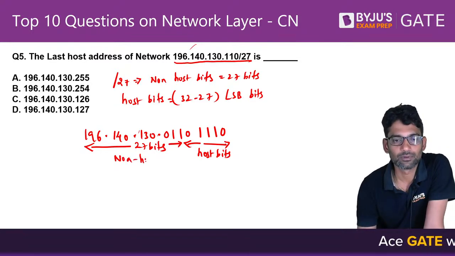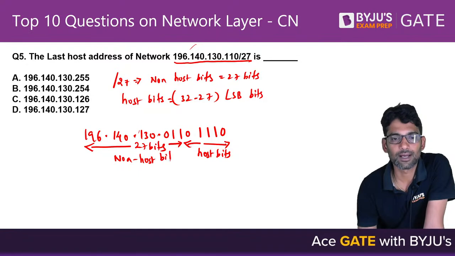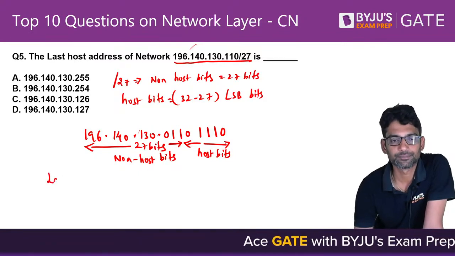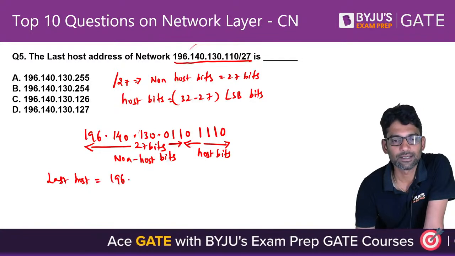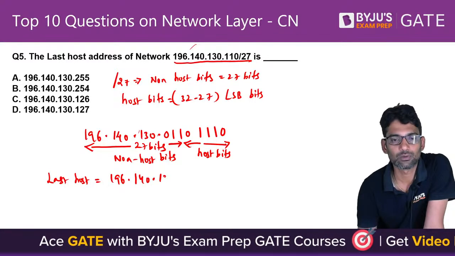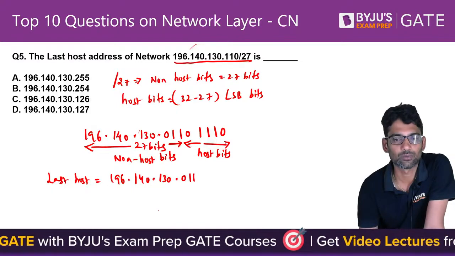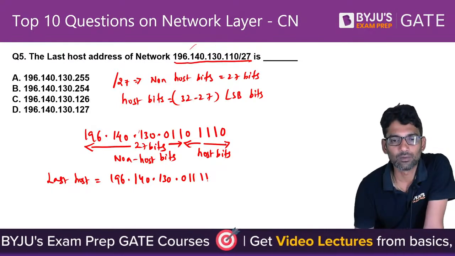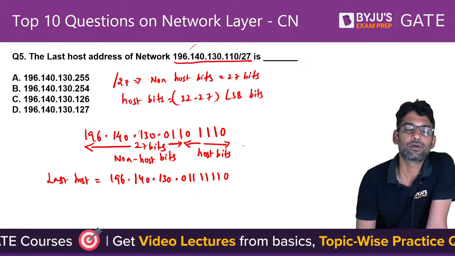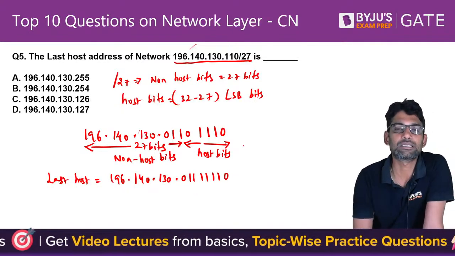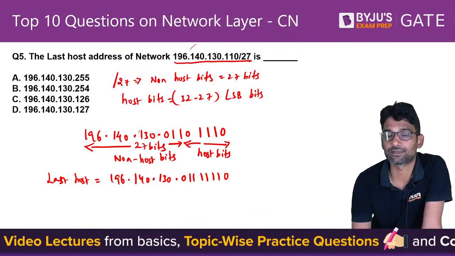Now, what would be the last host address? Last host address would be 196.140.130.011. Why is it not all ones? Because all ones is a DBA or broadcast address.